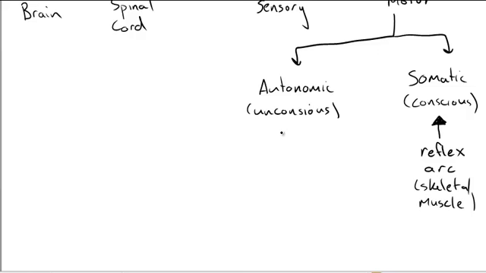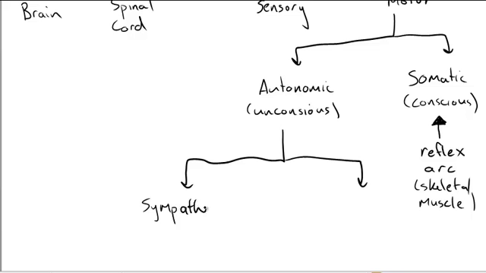But instead, our autonomic includes two other things. What's called our sympathetic division or responses versus our parasympathetic.